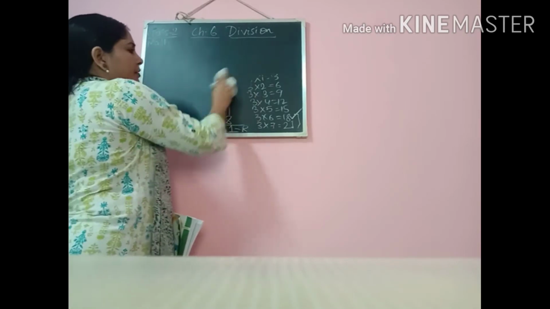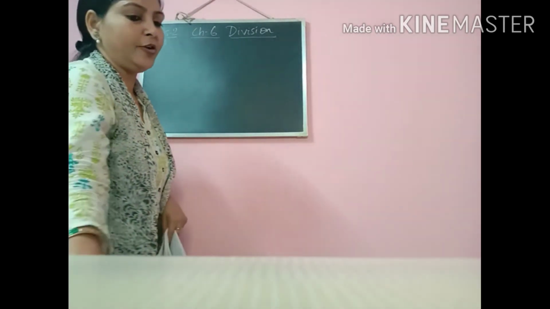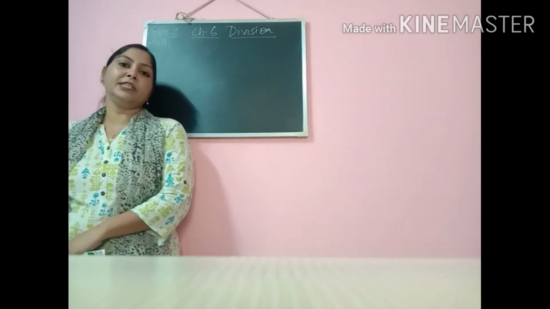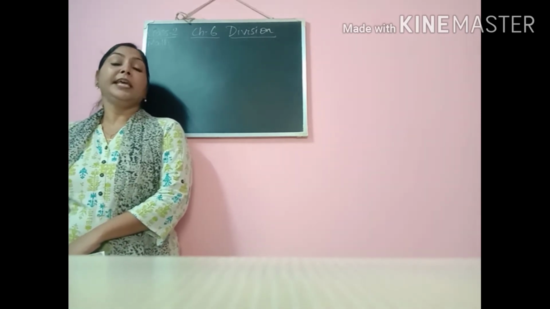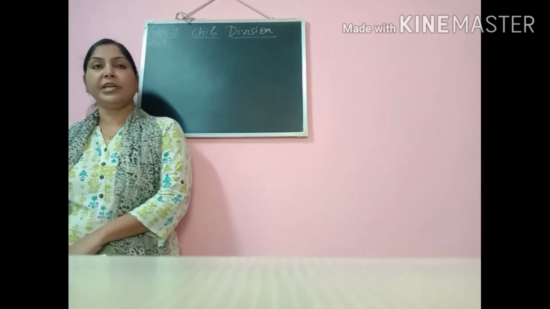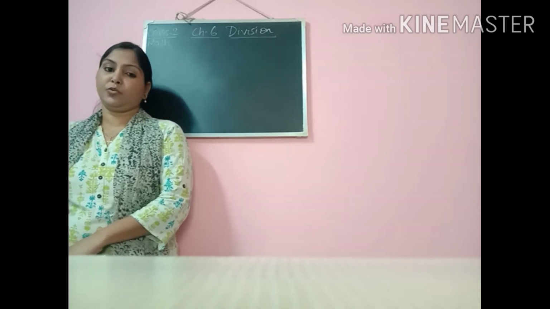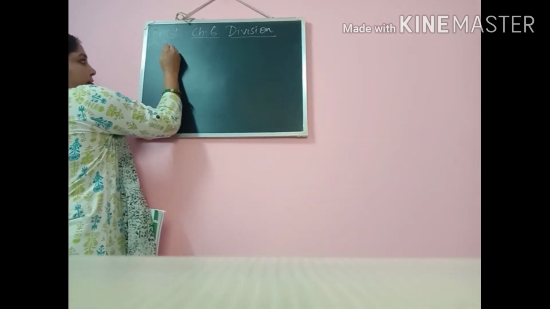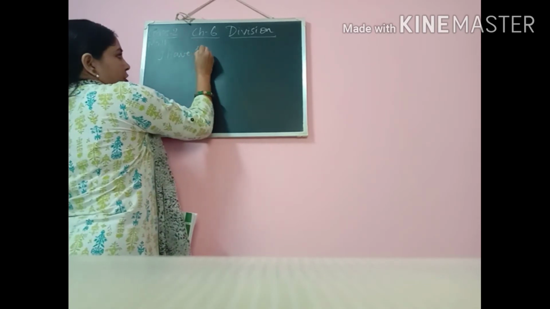Say, for example, you have 10 toffees. Okay, I have 10 toffees and I have to divide or distribute them equally among, say, 3 students. Okay, I have to divide equally among 3 students. So what did I say? I have 10 toffees.